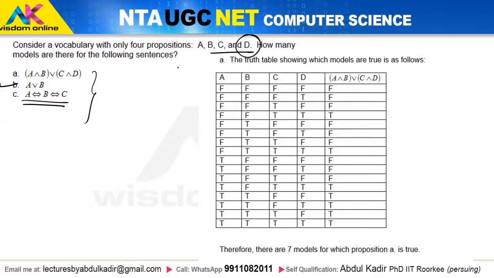But for example, when you are solving option C, don't forget about D. In option C you have A implies B, implies C. When you are answering for this, you should also consider D. The value of D will not matter to us, you can take any value of D. I have confidence in you.